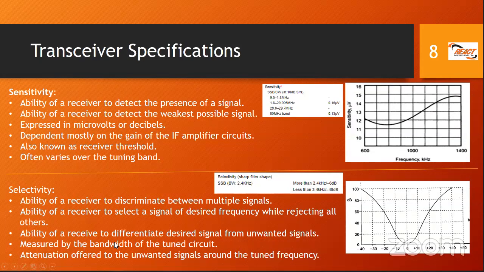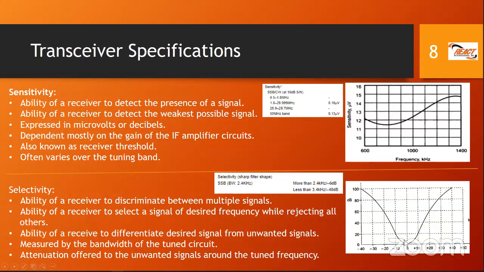Selectivity is measured by the bandwidth of the tuned circuit. So if you look at the right-hand side here, notice it's giving us bandwidth. We note the attenuation offered to the unwanted signals around the tuned frequency. So for example, we talked about this graph here as being the attenuation.